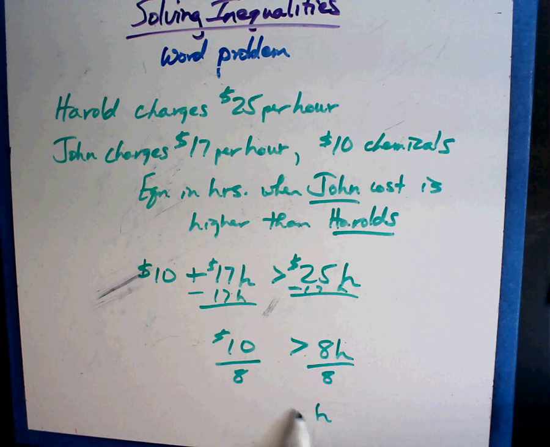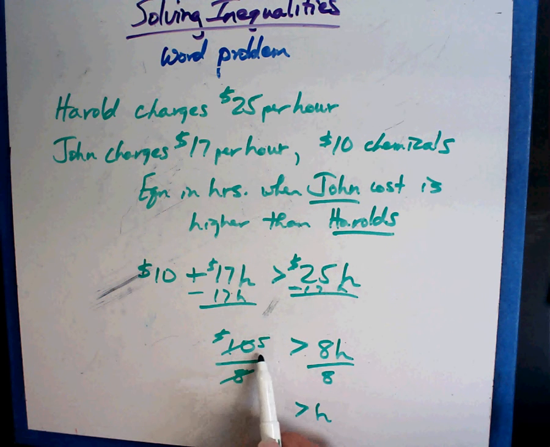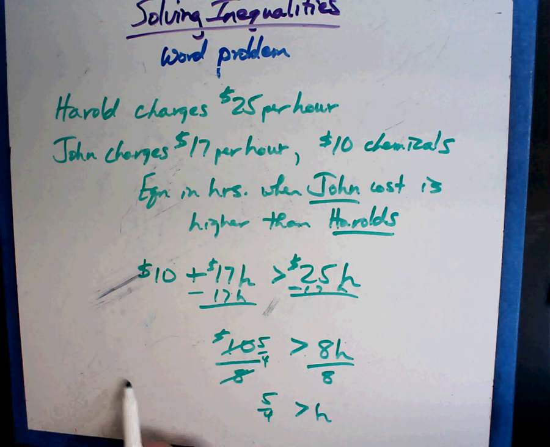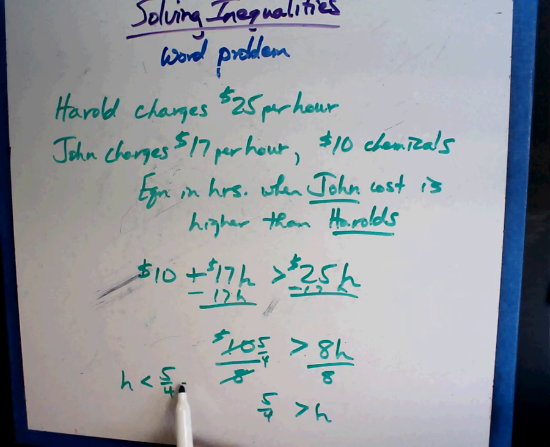So the hours have to be less than, well, I can take a 2 out of each of those, and that's 5/4. Okay, so H has to be less than 5/4 of an hour. Now 5/4 is what, 1 1/4 hours? So that means that an hour and a quarter is when, at that point, John starts costing you more money.